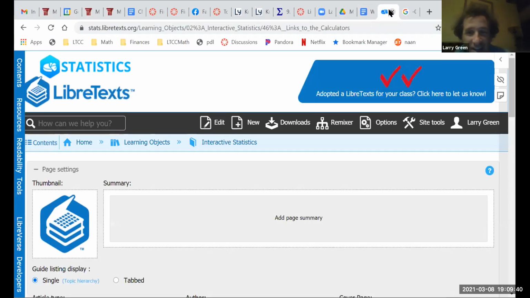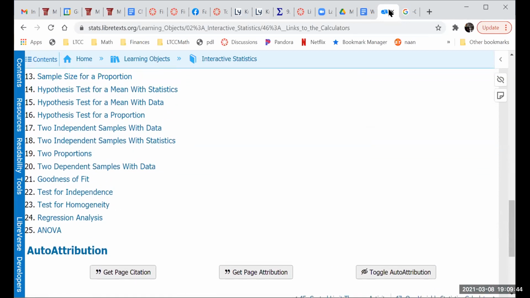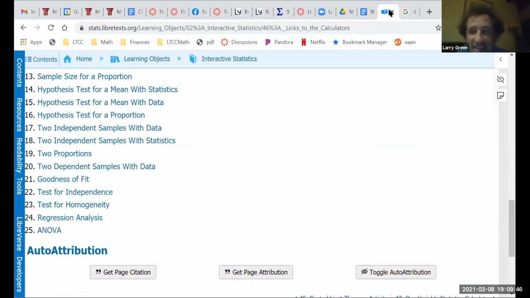Exactly. So I can go to the calculator. And here's some good news, by the way. Any guess on what calculator number it is? Yeah, it's 24. So it's calculator number 24.